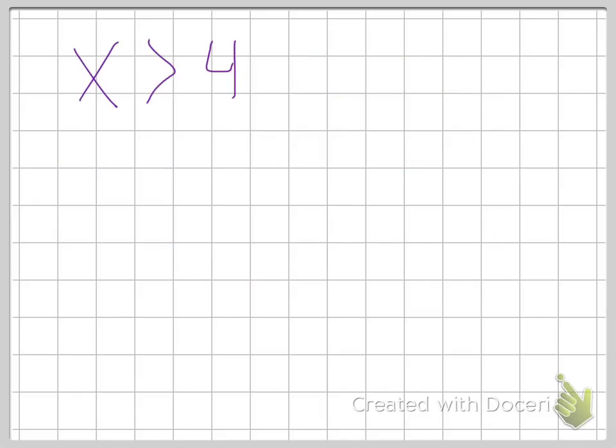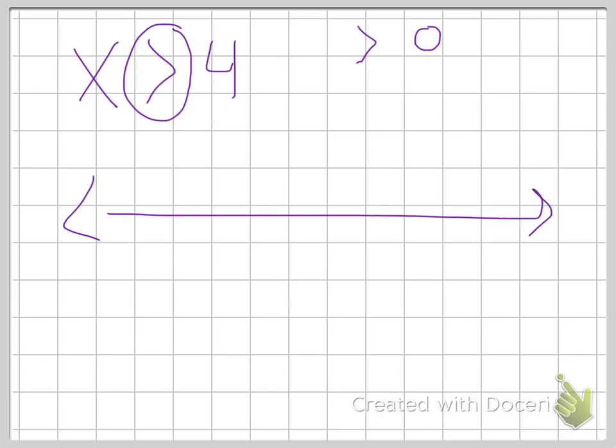So if we look at our example, x is greater than 4, there is no equal to symbol on that. The greater than symbol means I'm just going to be doing an open circle. So if I put 4 on there, instead of filling in my circle, I'm just going to leave it open.